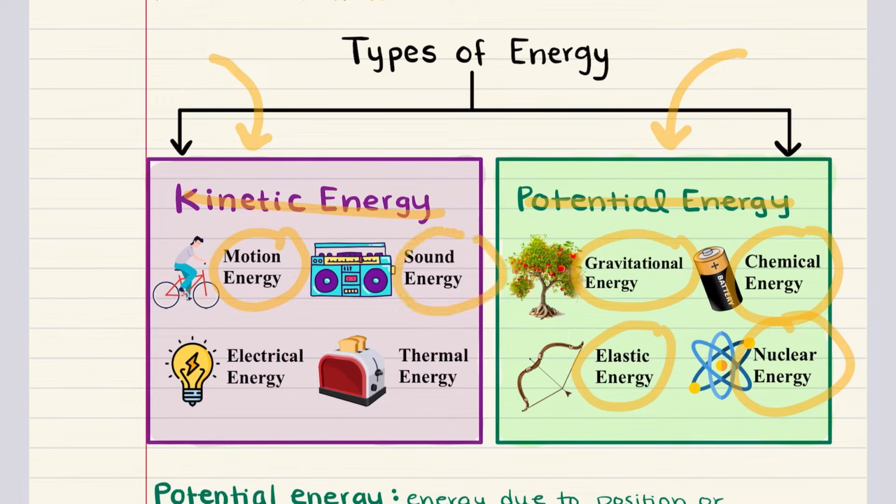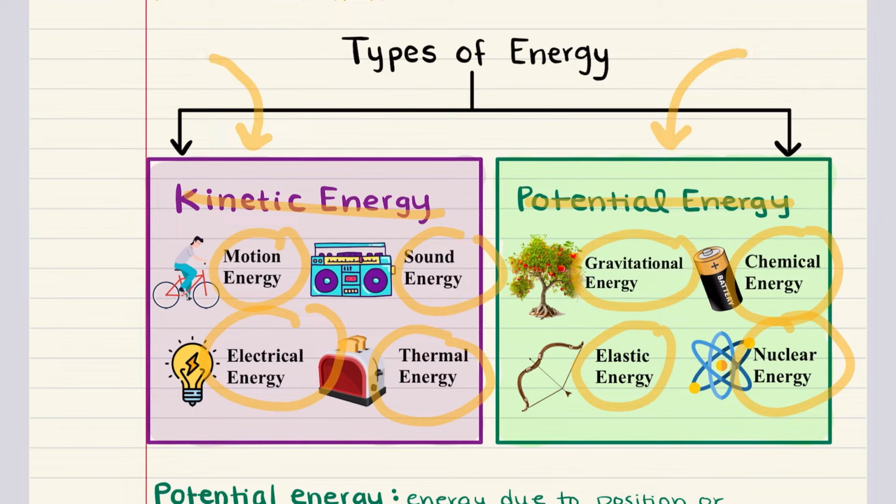Sound energy is the energy carried by sound waves, which is a form of mechanical energy through a medium. Thermal energy, this is the collective energy of particles moving within a substance, contributing to its temperature. And electrical energy is energy carried by moving electric charges, often electrons, through a conductor.